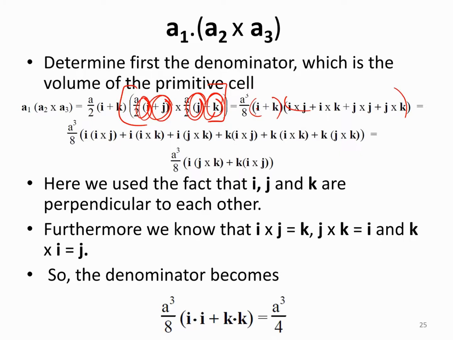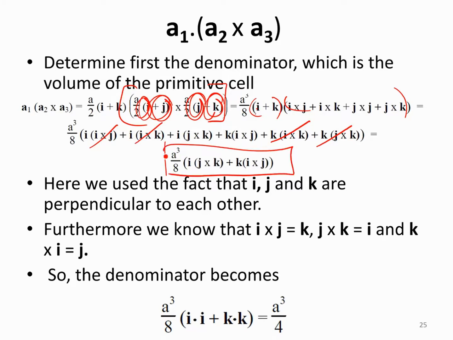After you solve it, you get a cubed over 8 times i dot (j cross k) plus k dot (i cross j). Why? Because the other terms become 0. Why is it 0? This is knowledge that you should have from the vector course. You have gone through vector analysis, right? Yeah, refer back. Okay, so you get this.